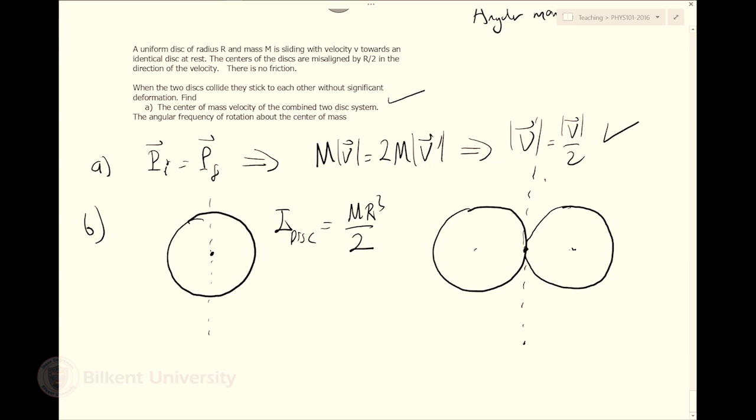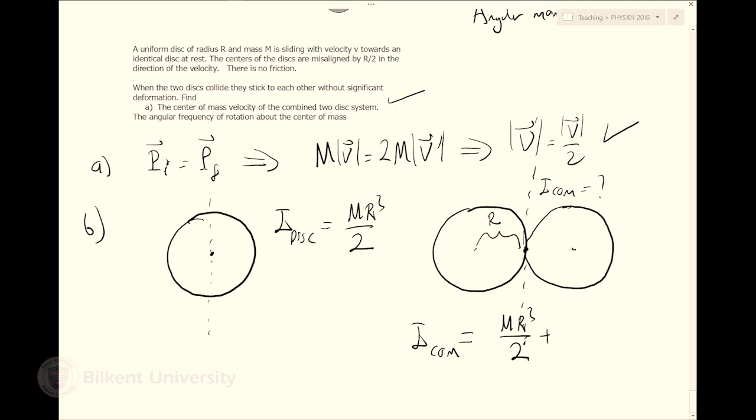So what is the moment of inertia of this object about that point? What do I need to do? I need to use the parallel axis theorem. What did the parallel axis theorem tell me? You should get the moment of inertia of one of the disks about its center of mass, but then you should add to that the mass times the square of the distance from that point.